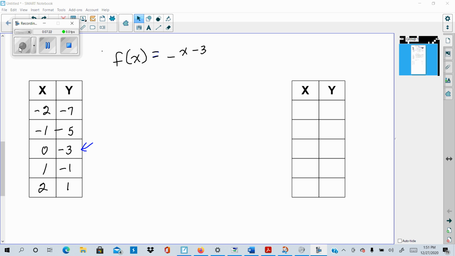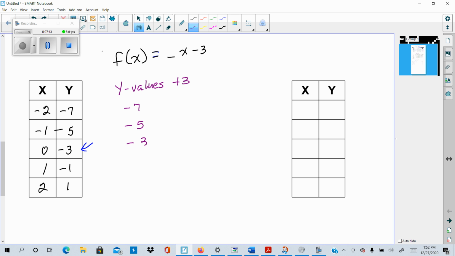So then my second XY chart over here, I'm going to take my y values and add 3. So let's write our y values. I've got negative 7, negative 5, negative 3, negative 1, and 1. Our x values are going to stay the same at negative 2, negative 1, 0, 1, and 2.